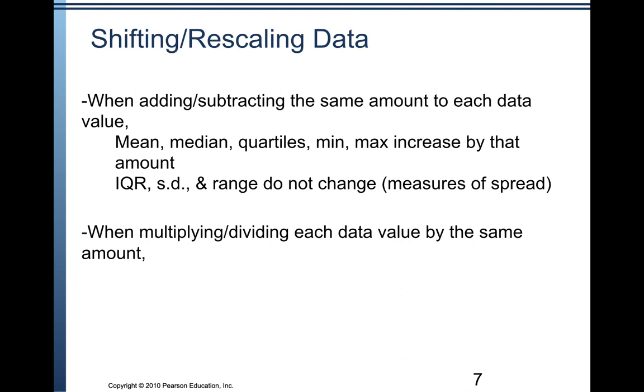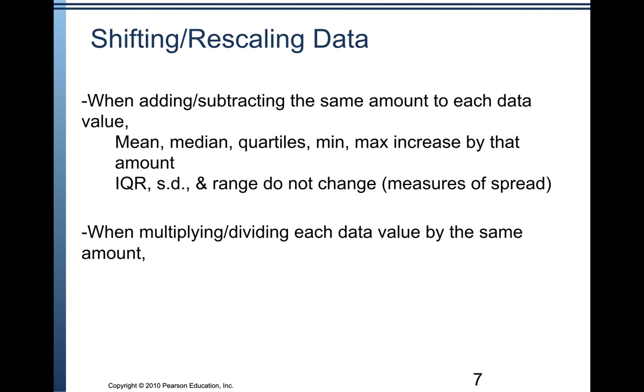Well, that means each person's bill is not going to go up by the same amount, because 10% of my bill might be different than 10% of your bill, which may be different from 10% of someone else's bill, and so on. So I'm multiplying each data value by the same value, which means the actual number that each value increases by is going to be different.